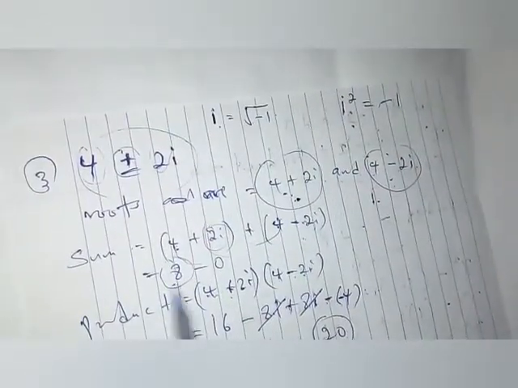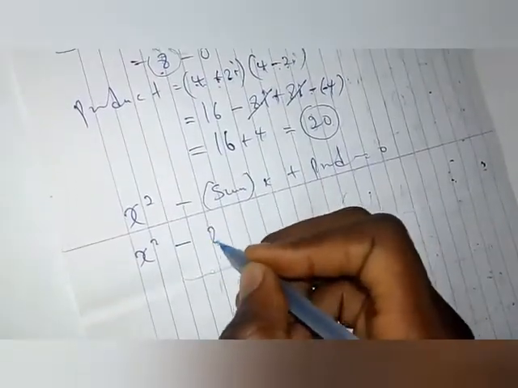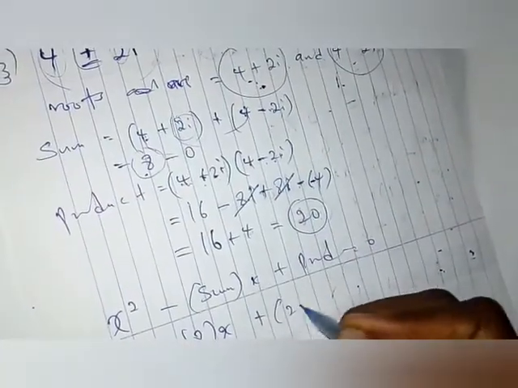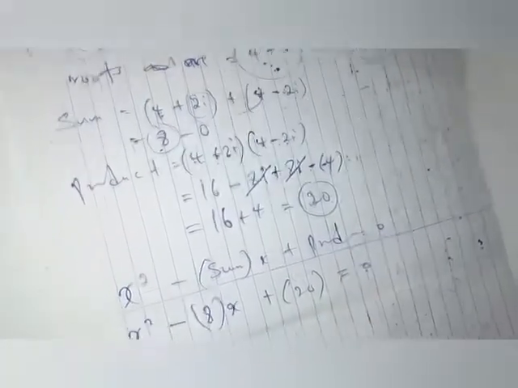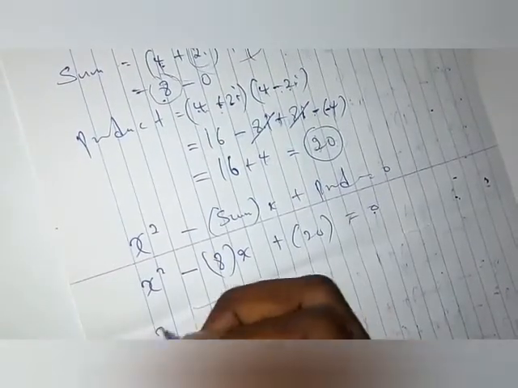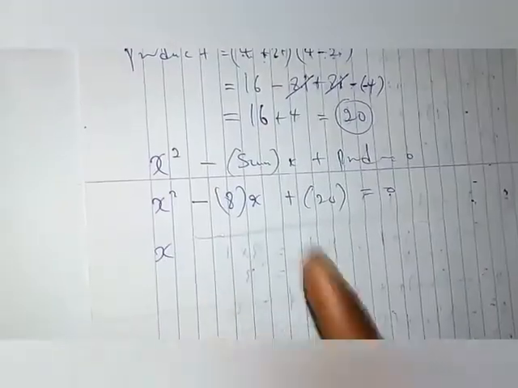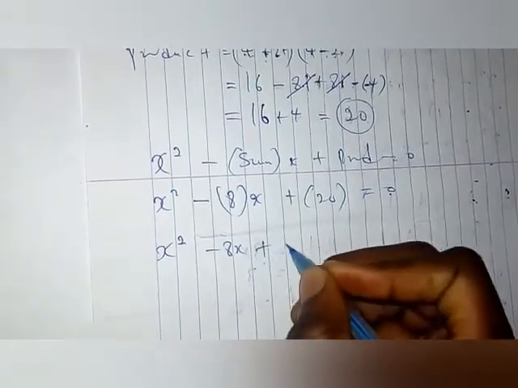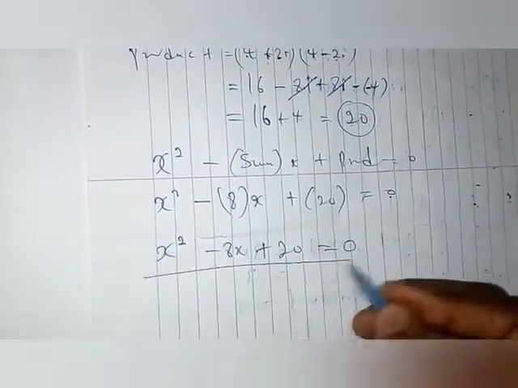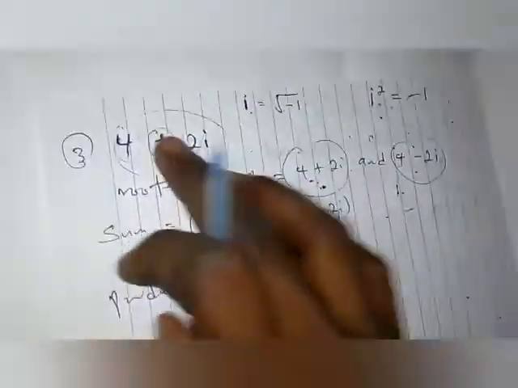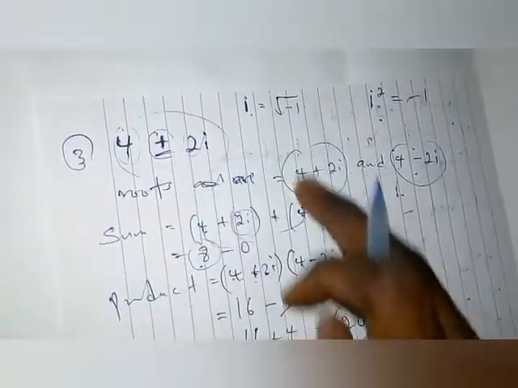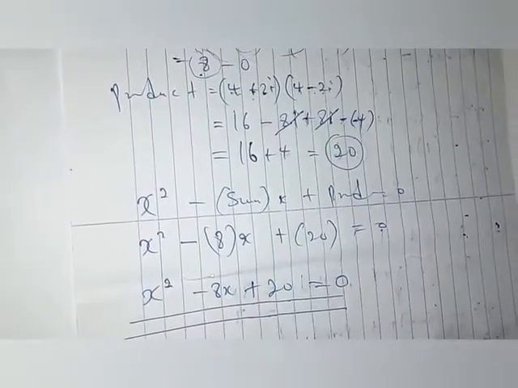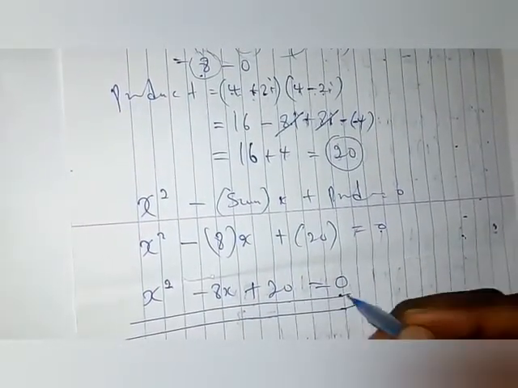My sum is 8 and my product is 20. So the equation is x squared minus 8x plus 20 equals 0, and that is my equation for these roots. If you are given complex roots, just follow these steps and you arrive at your final answer. You can try that for any quadratic roots given to you.